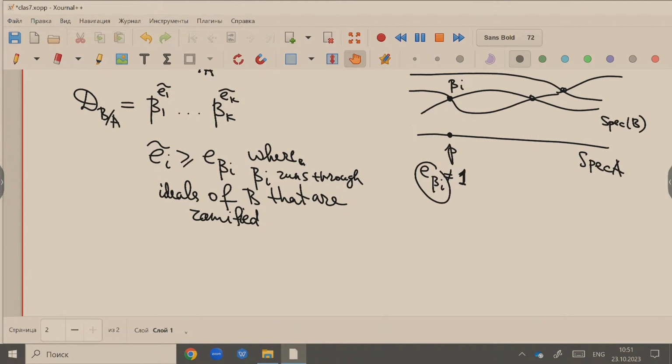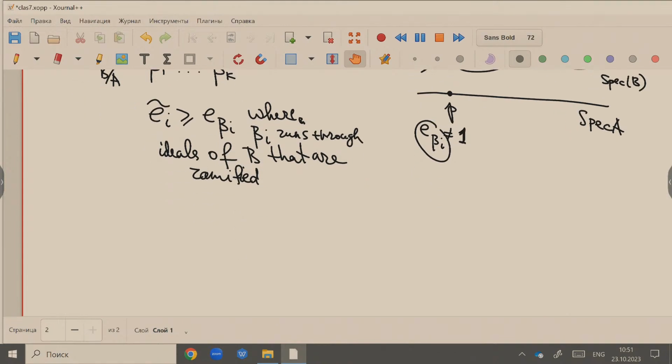And geometrically, if you know what the relative Kähler differentials are, the different is the annihilator of this sheaf of relative Kähler differentials. Let me write it.